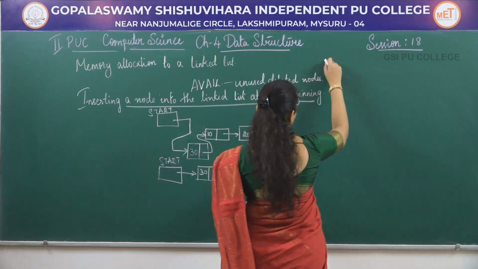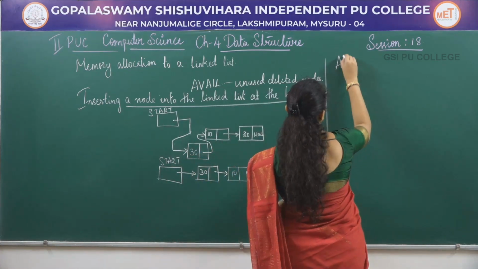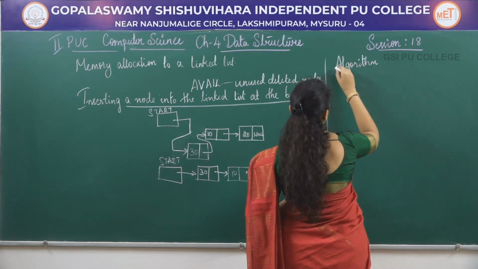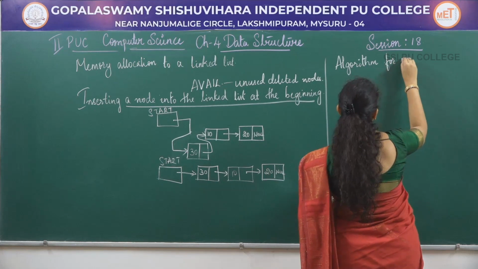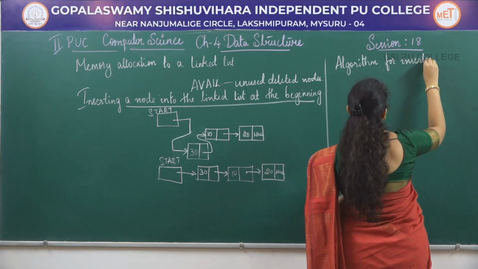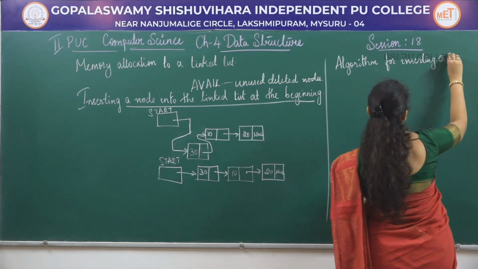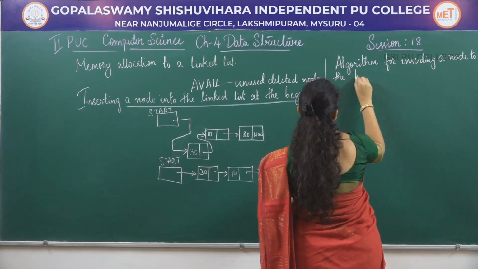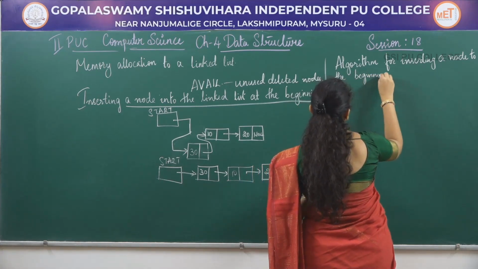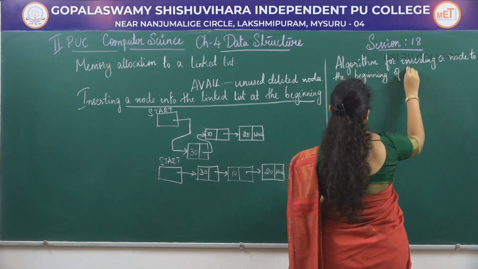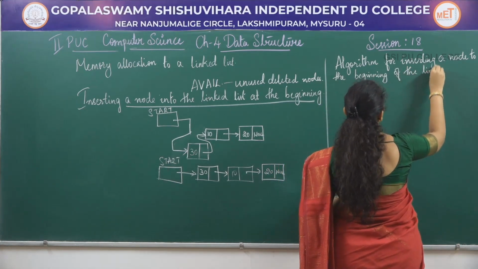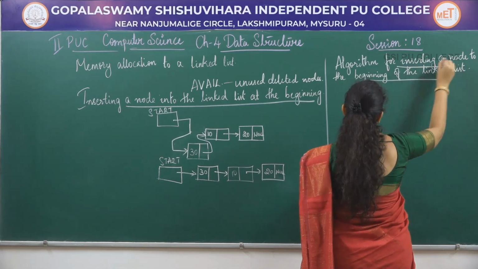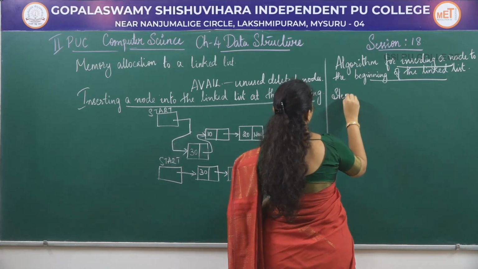So now let's write an algorithm for inserting a node to the beginning of the linked list. What is the first step?